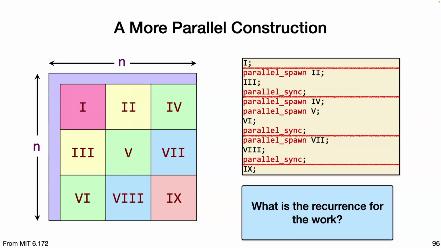These 2 can proceed in parallel, and then this one has dependencies in 2 and 3. But because we cut it into 3, now this entire diagonal can be solved in parallel because it only has dependencies in 2 and 3. And then again, 7 and 8 have a similar thing, and 9 finally.